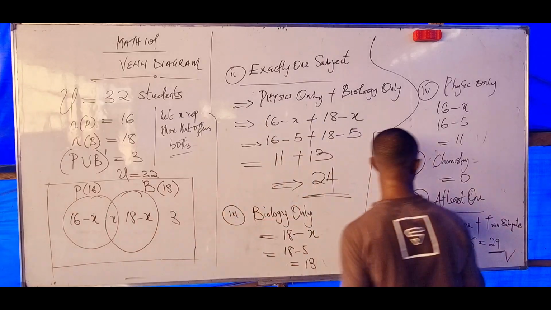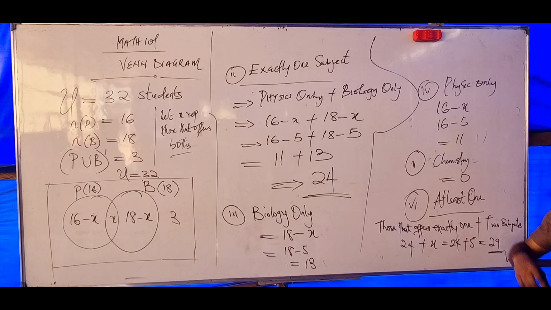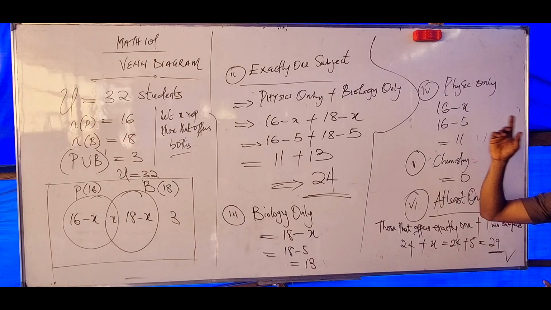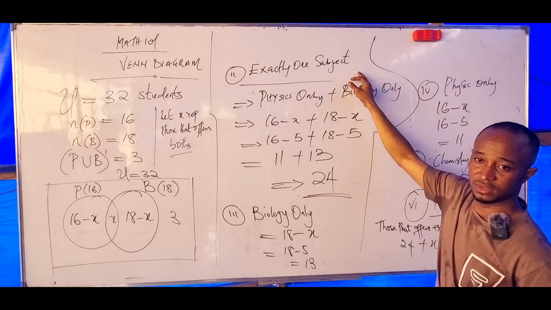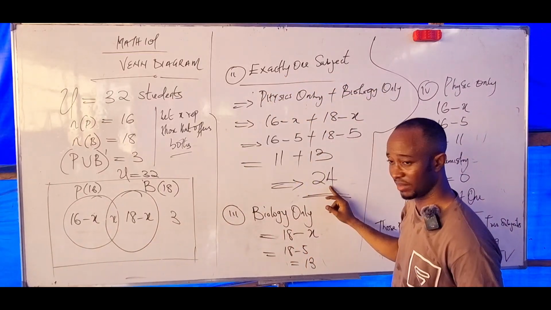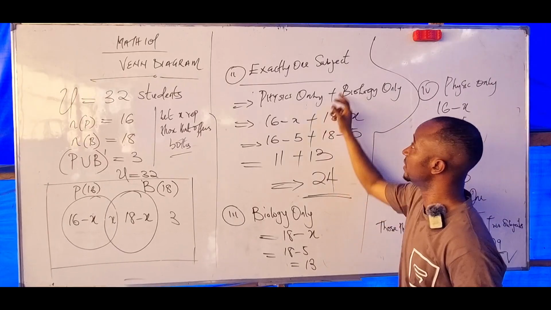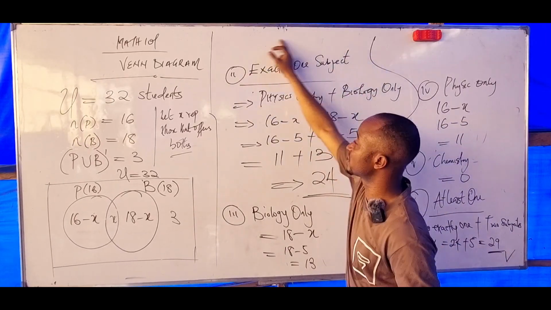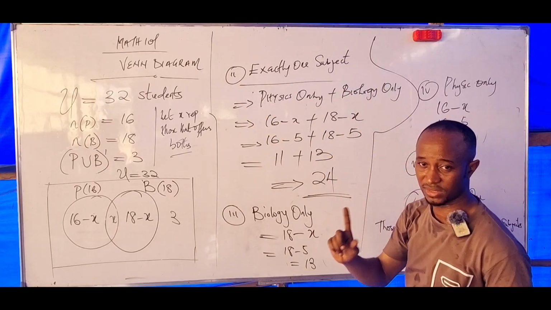Exactly. At least 1 means I'm going up: those that offer 1 or 2 or above 2. Those that offer exactly 1, I will add this with this, which is the same thing we got here, 24. You understand what I'm saying? This simply means those that offer 1.